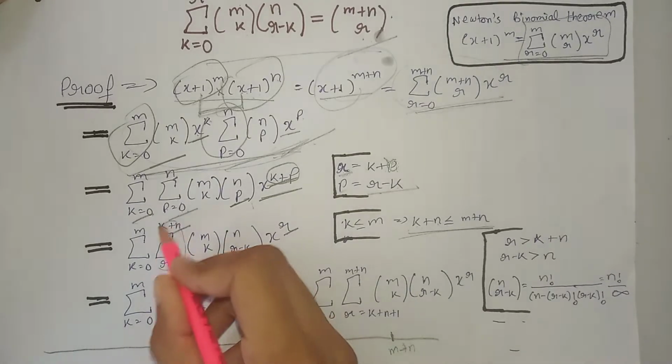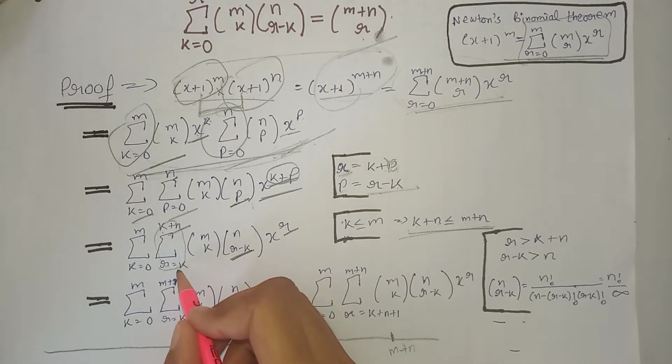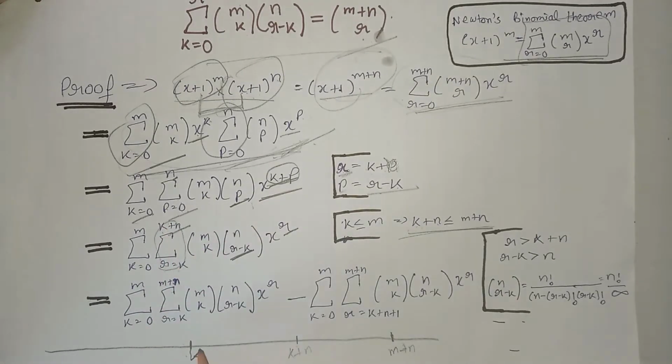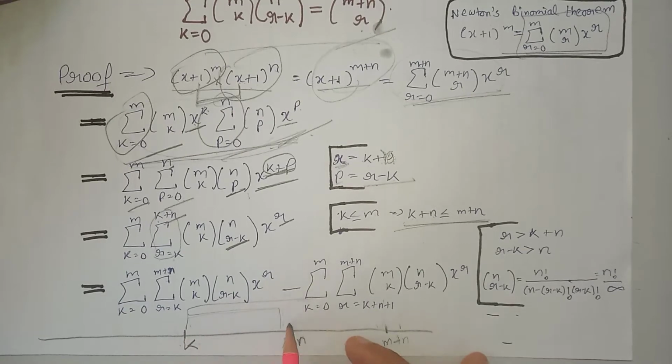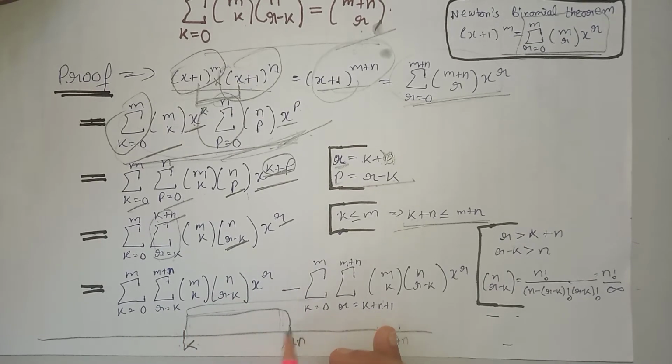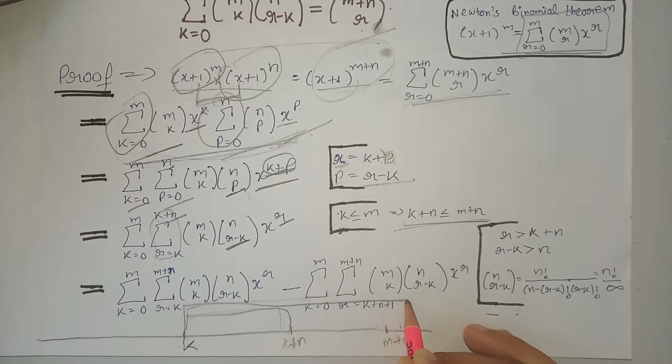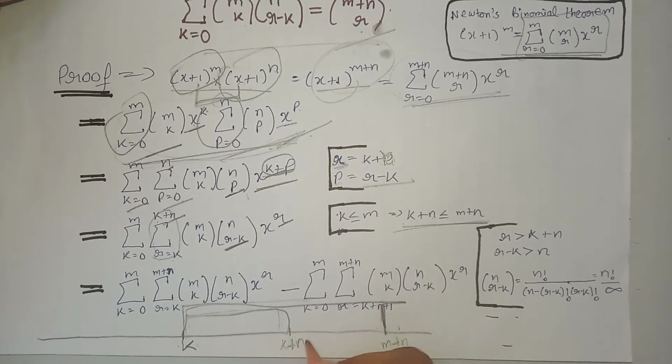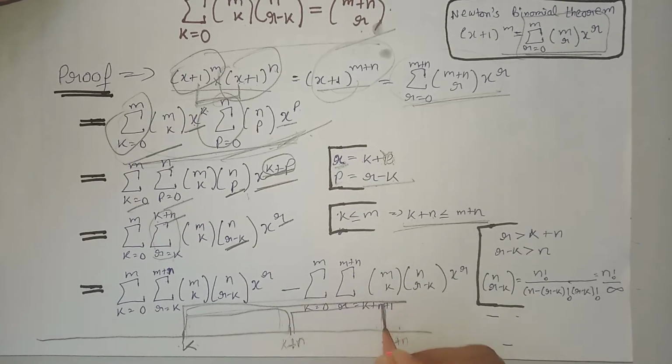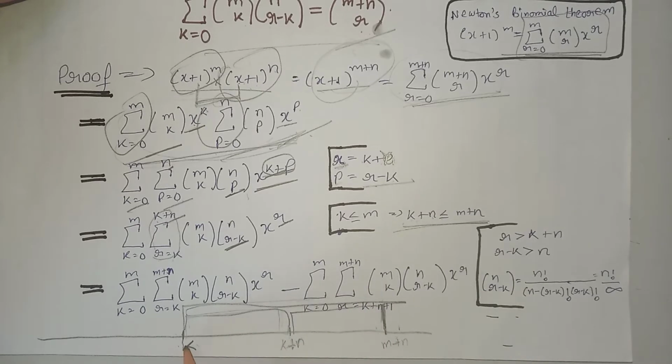Now in the second summation we are using the interval from k to k plus n, that is we are using this interval. We can see that this interval is equal to this interval minus this interval, that is from the value k to m plus n, minus the interval starting from the point just after k plus n, that is k plus n plus 1.